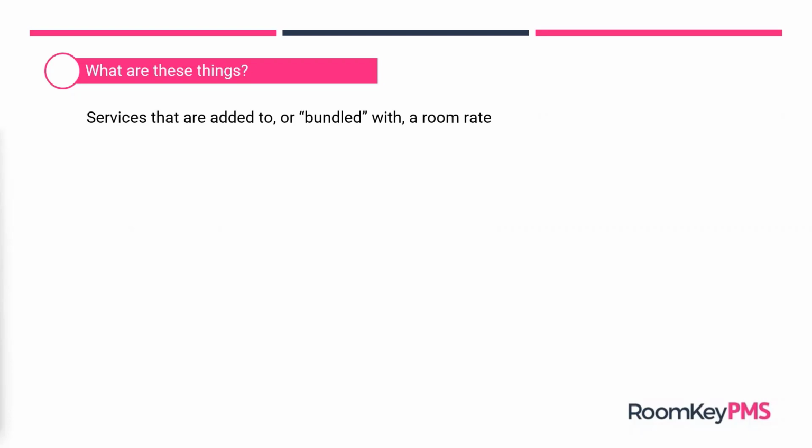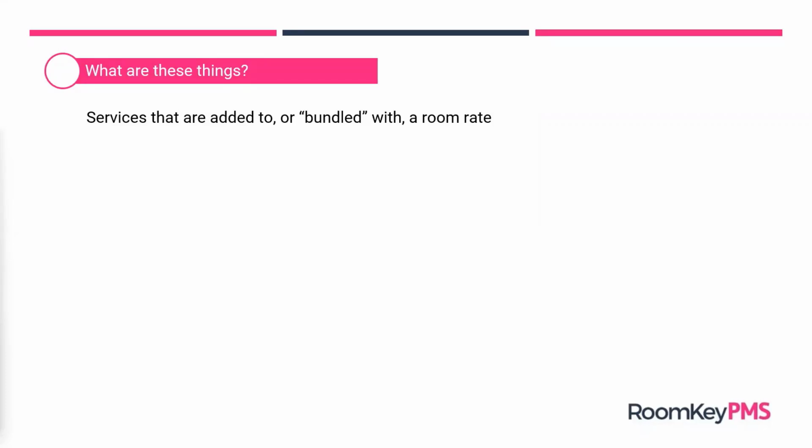It could be a fee for having a pet in a room. These services can be added to a guest stay to help enhance their stay, and also helps increase the revenue that you are able to collect throughout a guest stay. So providing services to guests at a cost is a good way to increase that average revenue per occupied room.